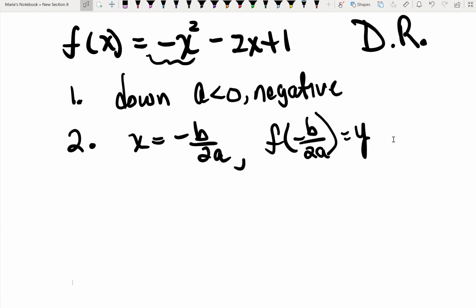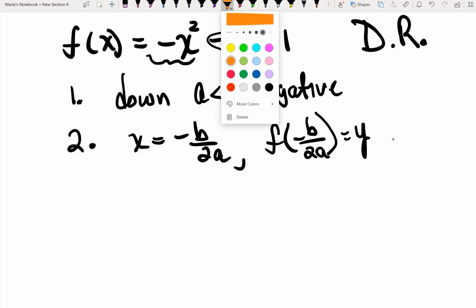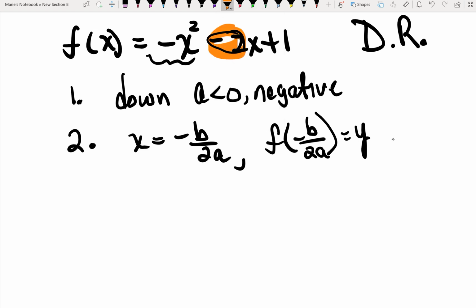Okay, so in question number 2, we're going to use our equation. Remember, the negative b is sitting right here. That's your negative b right here. So that happens to be a negative 2, so I'm glad, because this is negative b. See how the 2 is with the negative?